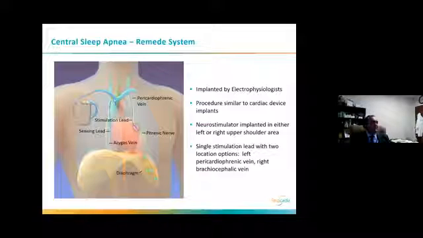And there is another lead that is placed on the right side into one of the veins that is sensing whether a breath is undertaken or not. If this lead senses that there is no impulse for breathing, then the machine gives a small impulse to the phrenic nerve here, which in turn stimulates the diaphragm and causes almost a normal breath.